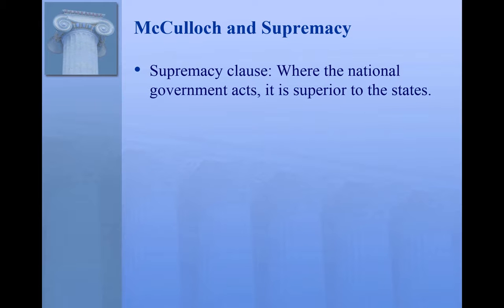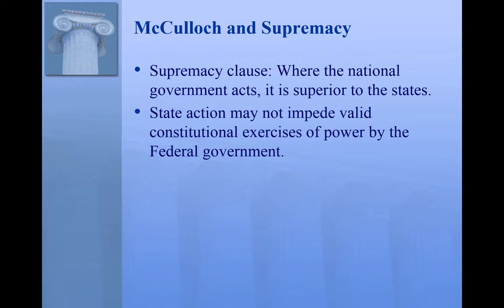Now, moving on to the second question, just briefly, Marshall says that, okay, so Congress can create a bank. Can the states tax it? He says no. The Supremacy Clause bars them from doing so because where the national government acts, it is superior to the states. Not that the states are no longer sovereign, but that the national government is superior, and state actions may not impede valid constitutional exercises of power by the federal government.